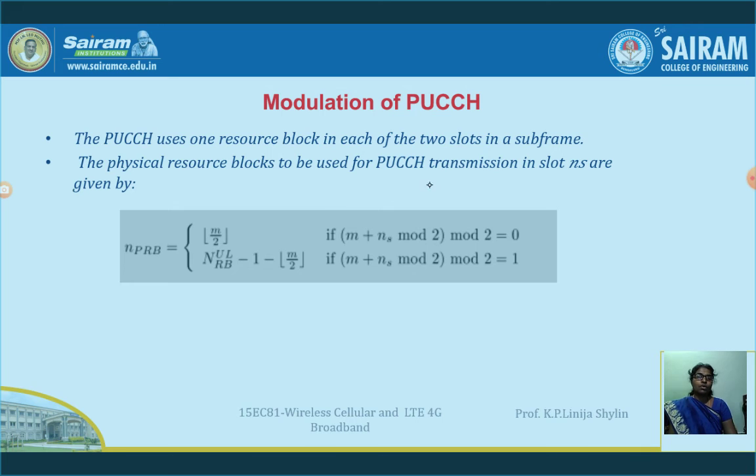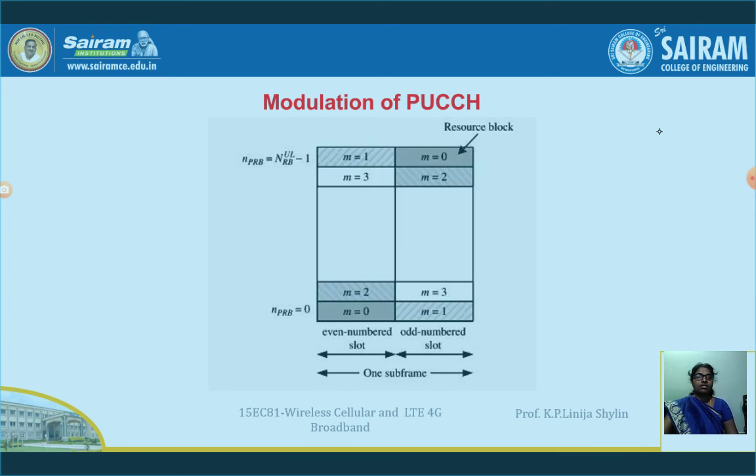According to this rule we have mapped the resource blocks here. In this diagram it is very clear: there are two slots, the even numbered slot as well as the odd numbered slot, put together they are called one subframe.